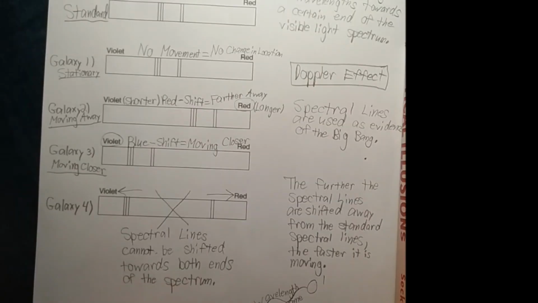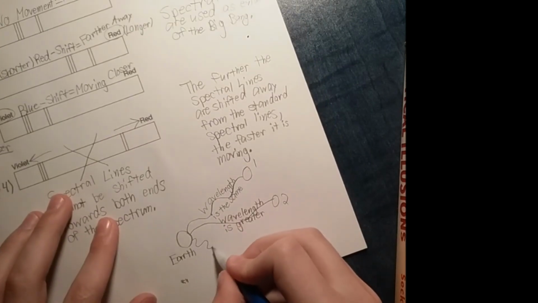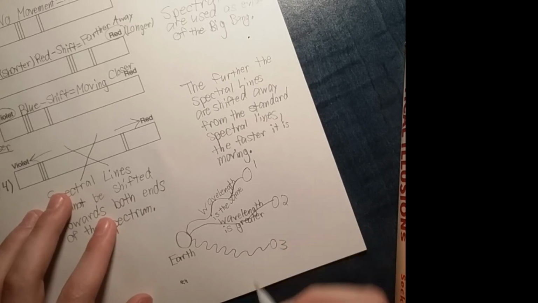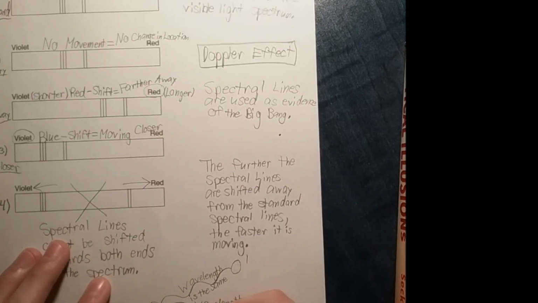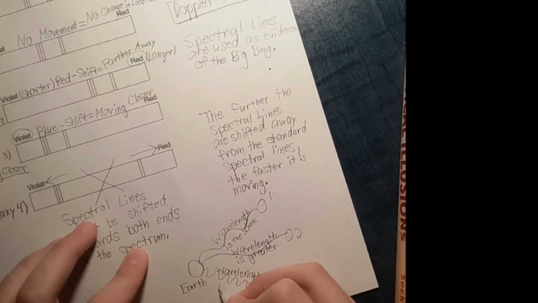And for galaxy 3, we had a blue shift and it was moving closer to us. So we're going to label a wavelength that is very short because the wavelength is shifted towards the violet end of the spectrum, which contains shorter wavelengths. So we're going to label this line: wavelength is less.